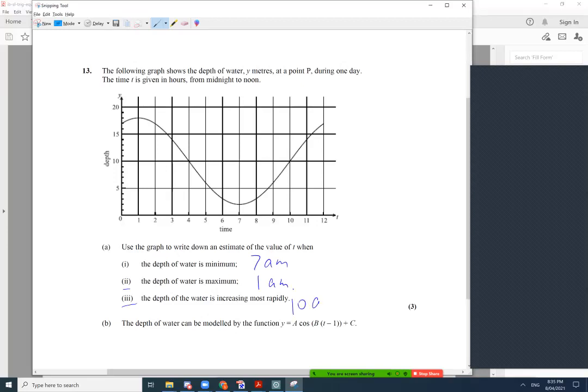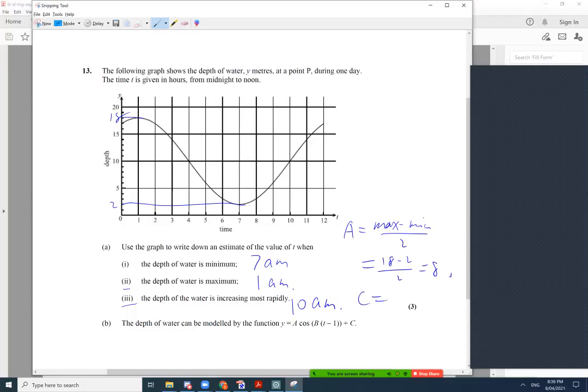Good. 8. Good. Big A just equals maximum minus minimum, divided by 2. In this question, it's 18 minus 2, which is 8.